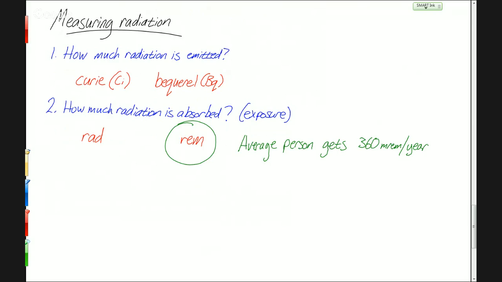Now, where does that come from? Lots of different places. It comes from the ground, from radioactive elements in the ground. Even in building materials, bricks usually have some sort of radioactivity just because of the material they're made from. Cosmic rays, gamma rays from space come down and hit us, that source of radiation.